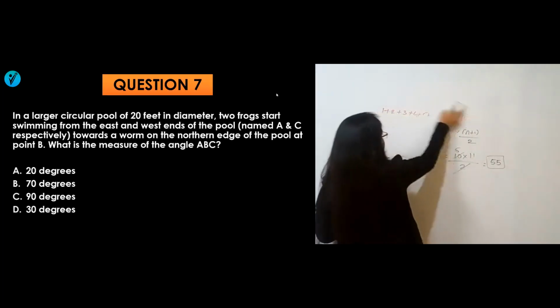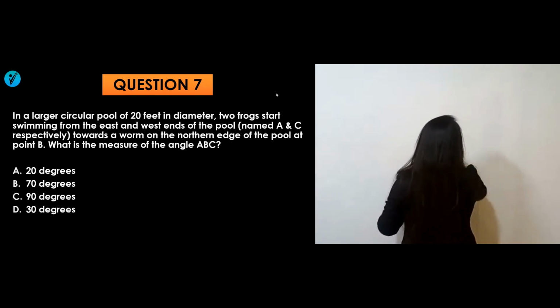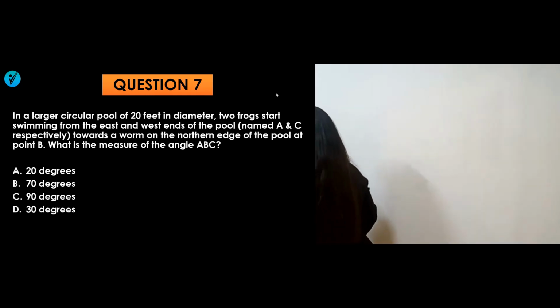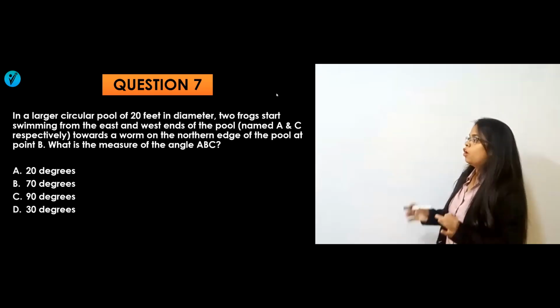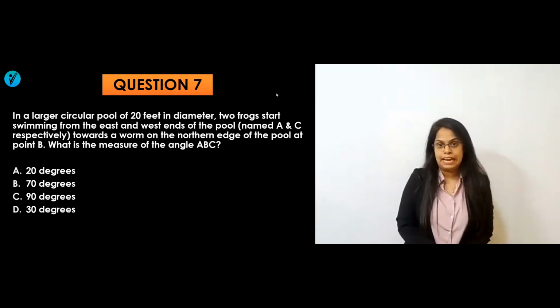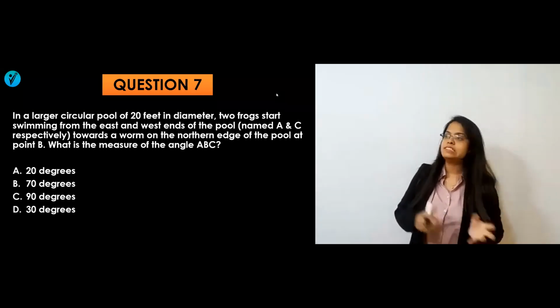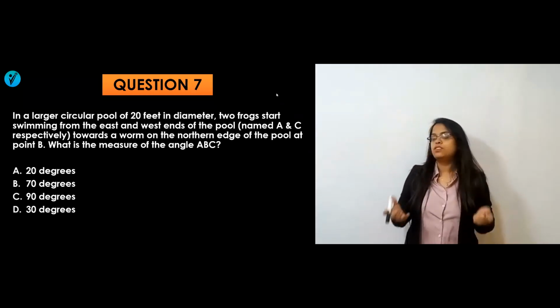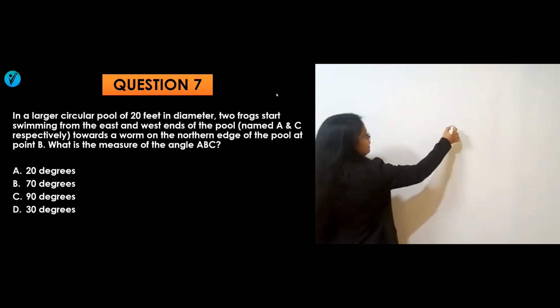This is question number 7. Try to solve it. What are they saying in this question? In a large circular pool of 20 feet diameter, two frogs start swimming from the east and west ends of the pool named A and C respectively.